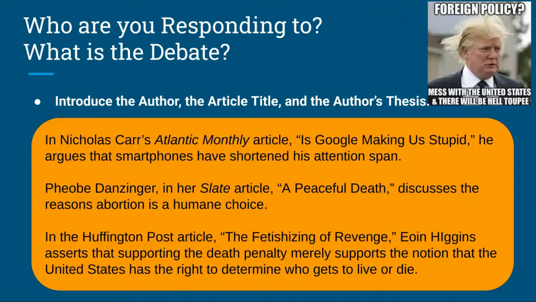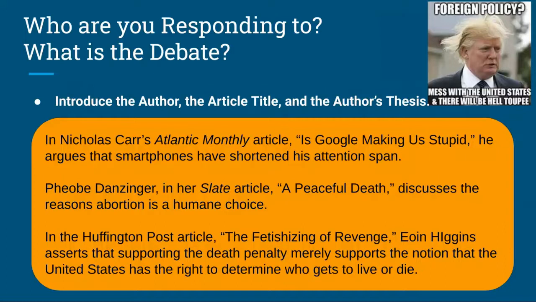Here's the third example. "In the Huffington Post article, 'The Fetishizing of Revenge,' Eoin Higgins asserts that supporting the death penalty merely supports the notion that the United States has the right to determine who gets to live or die." This example starts with the publication, then the article title, then the author's name, Eoin Higgins, and then his thesis.